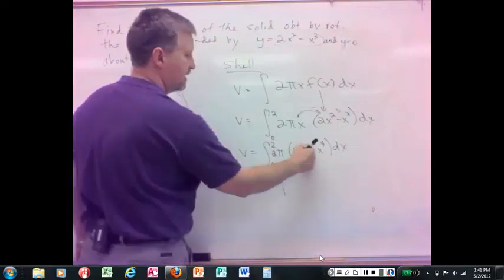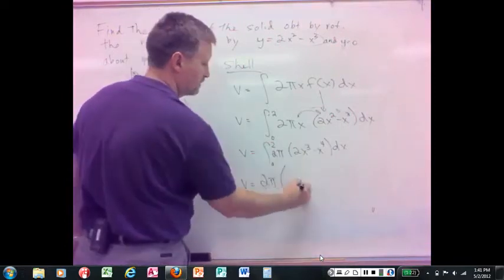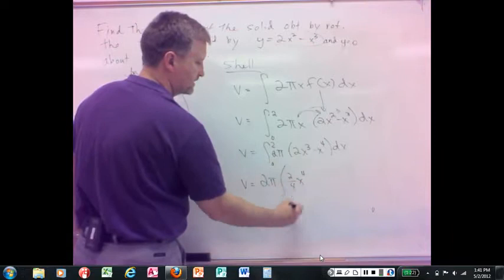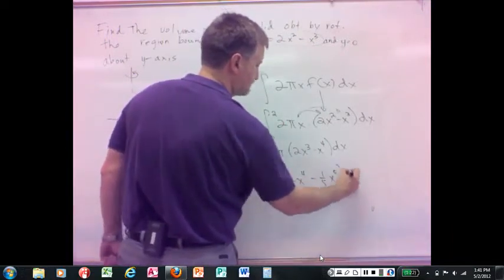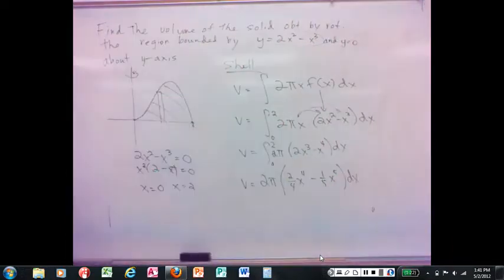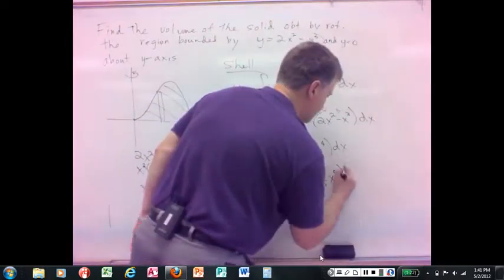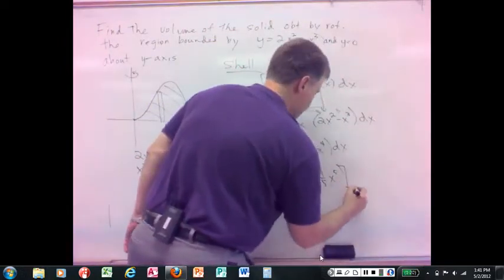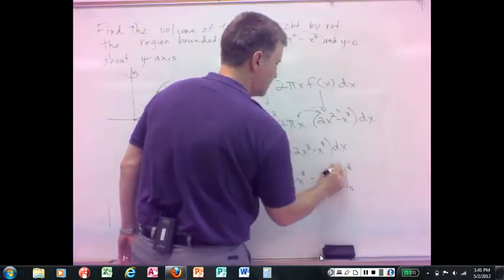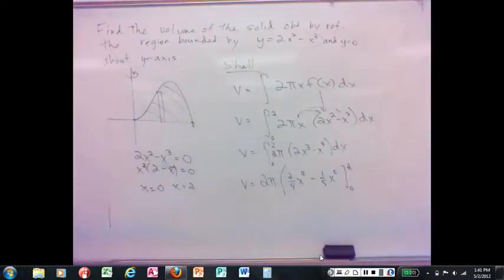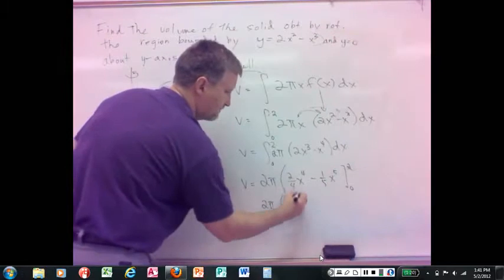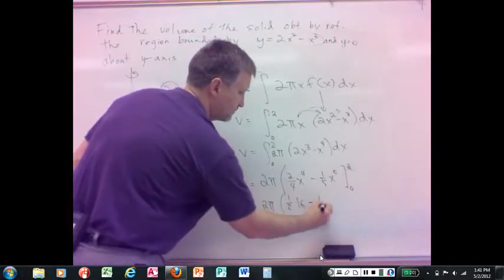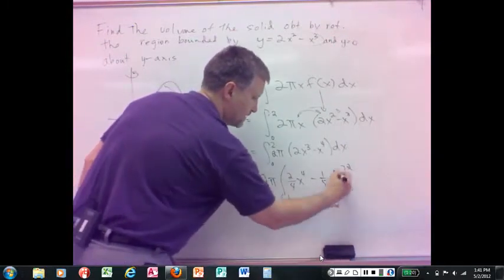So that would be 2 pi times, add 1, that would be 4. Be 2/4 x to the fourth minus 1/5 x to the fifth. Oh, I've already done dx, so it's 0 to 2. So I have 2 pi times, that'd be 1/2 of 16 minus 1/5 of 32, wouldn't it?